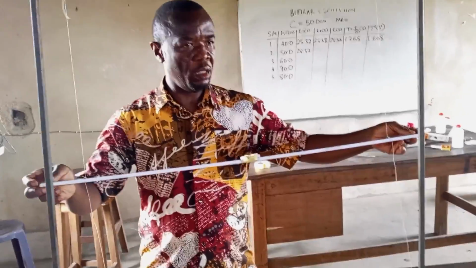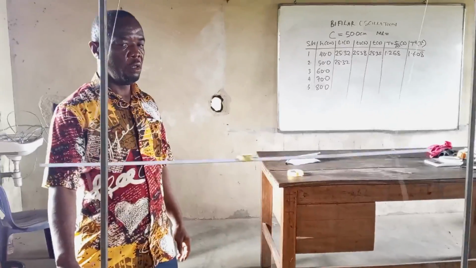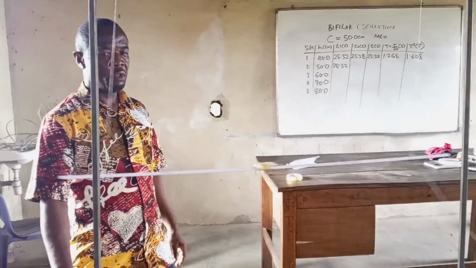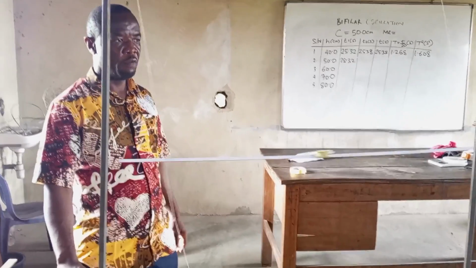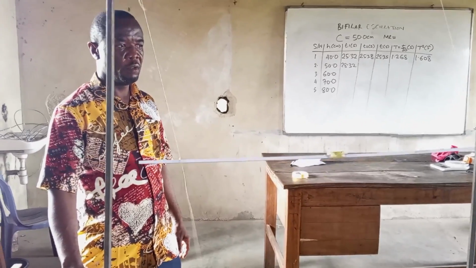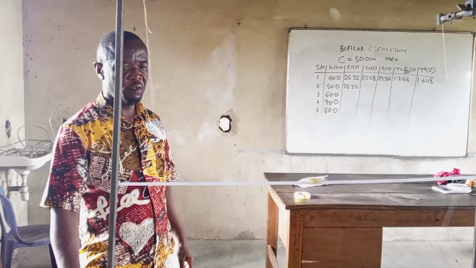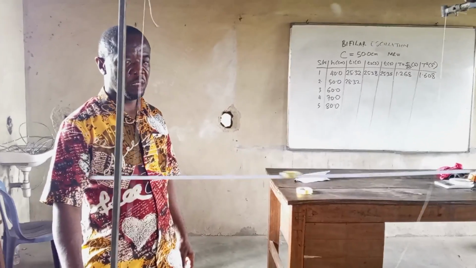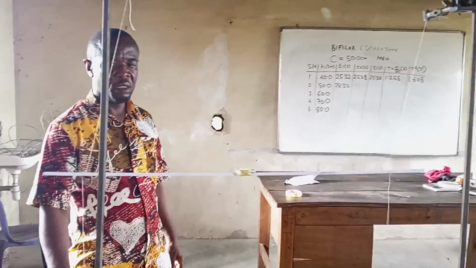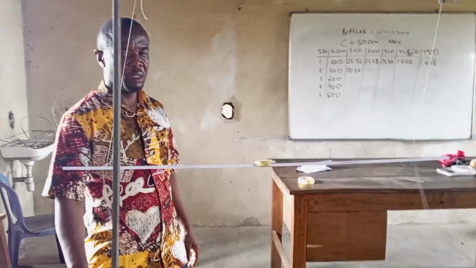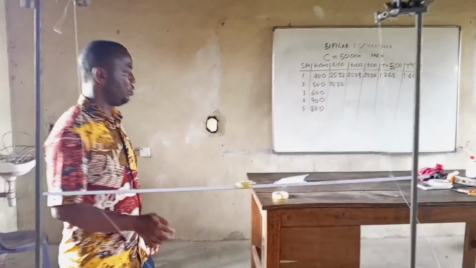Hold it and then displace again slightly. 1, 2, ready, go. 1, 2, 3, 4, 5, 6, 7, 8, 9, 10, 11, 12, 13, 14, 15, 16, 17, 18, 19, 20. So what time do you have?